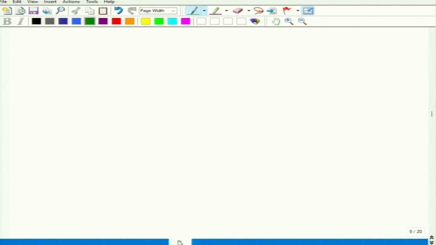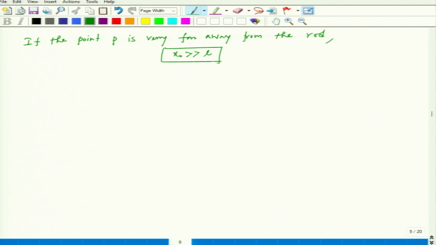Now, if the point P is very far away from the rod, in this case x naught is much greater than L, the length of the rod.